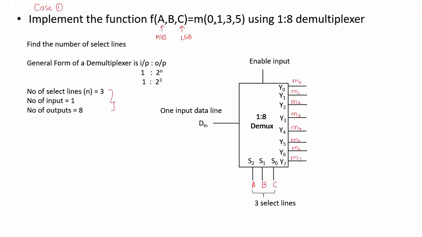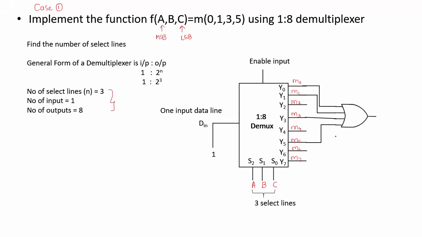For the minterms 0, 1, 3 and 5, the output has to be 1. So the data line must contain logic 1. After connecting the data line to logic 1, the next step is to take those output lines which are given to you in the problem, that is 0, 1, 3 and 5, and connect them to an OR gate.